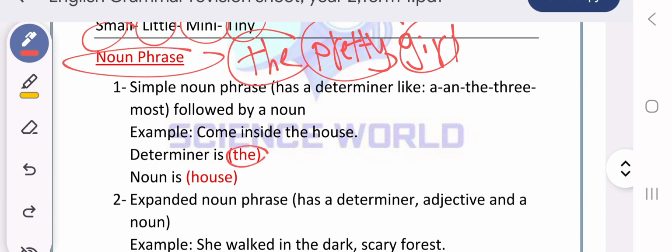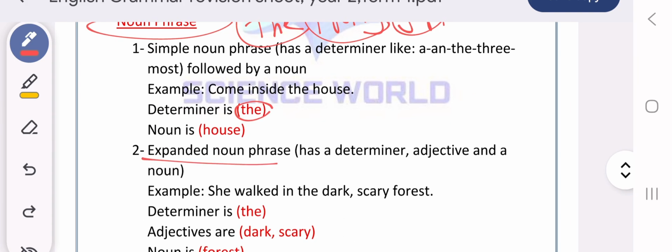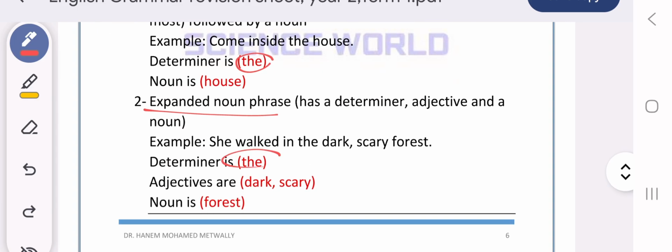Like the house, that is a determiner, and the noun is house. This is already a noun phrase because we have the determiner and the noun. An expanded noun phrase means to put more adjectives, like the dark, scary forest. We have two adjectives, one noun, and one determiner, the. So the dark, scary forest.